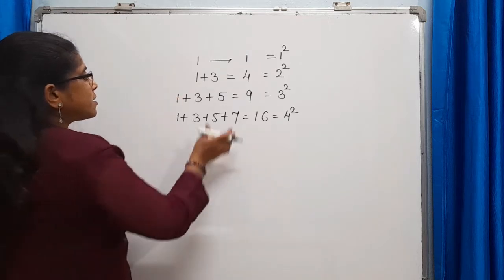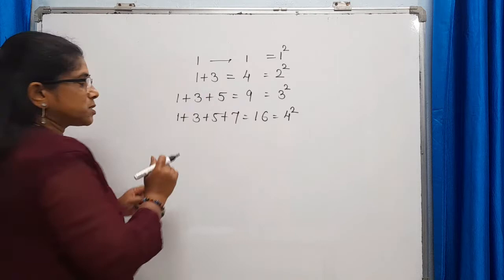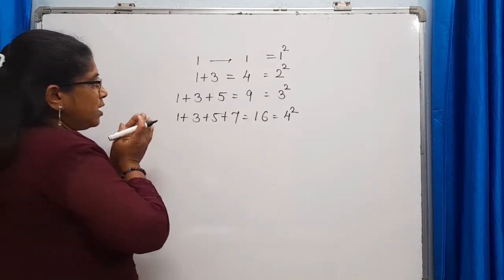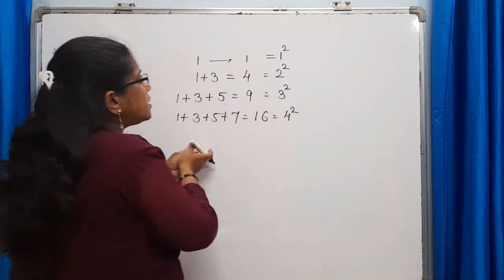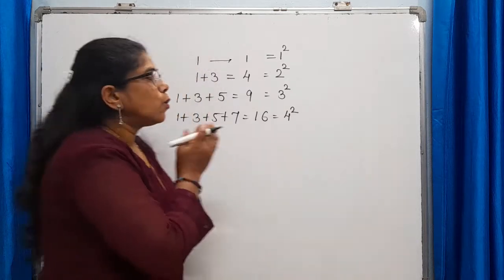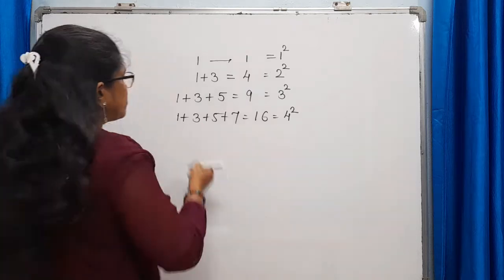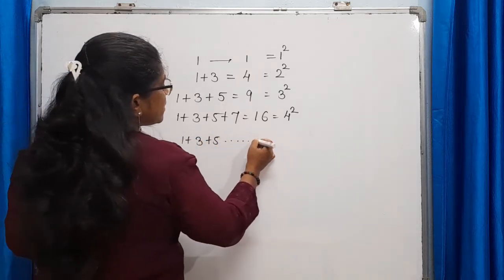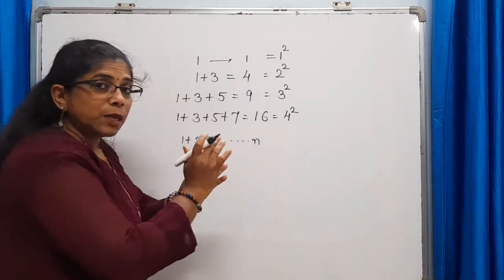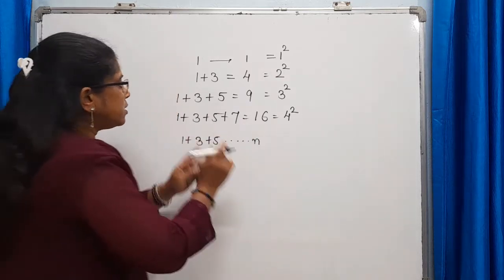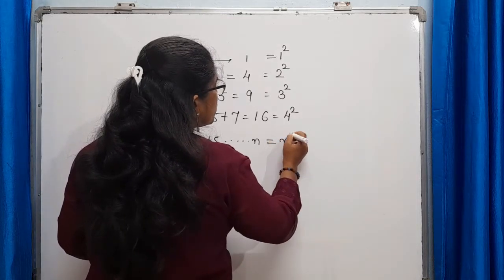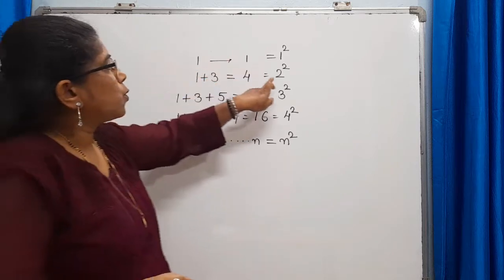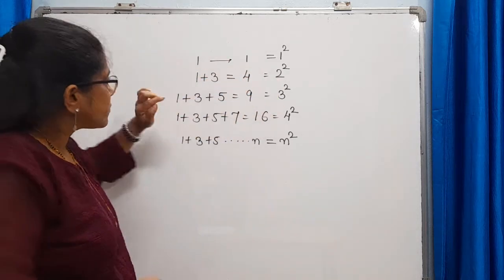And what are we adding here? We are adding the odd numbers, continuous odd numbers, right from 1. So when we add the first n odd natural numbers, we get the square of n. Suppose 1 plus 3 plus 5, like this up to n, n number of odd natural numbers, we get n square. Here we are adding 2 odd numbers, we get square of 2, that is 4.